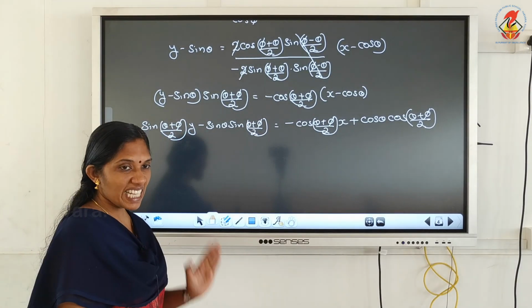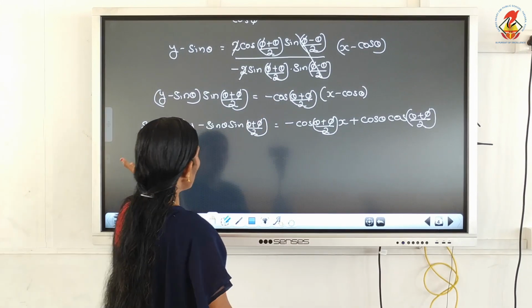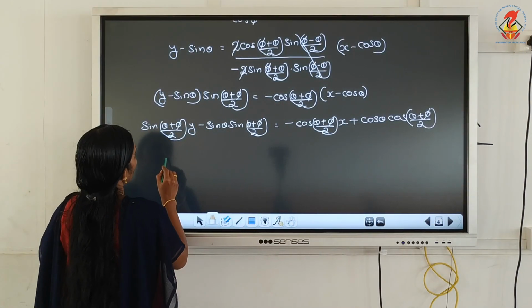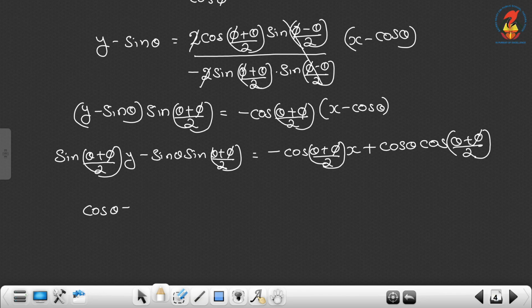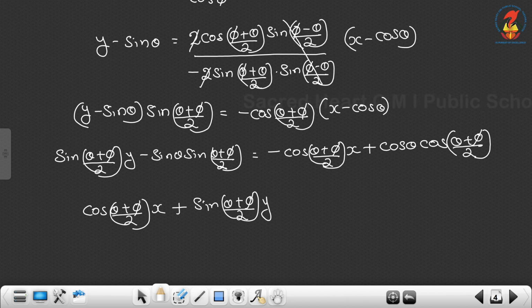Now the equation is ax. So x term take to the left side. So cos (theta plus phi)/2 into x. So ax plus by plus c. What is c? Take these. So when we take cos theta to the left side, it becomes negative.